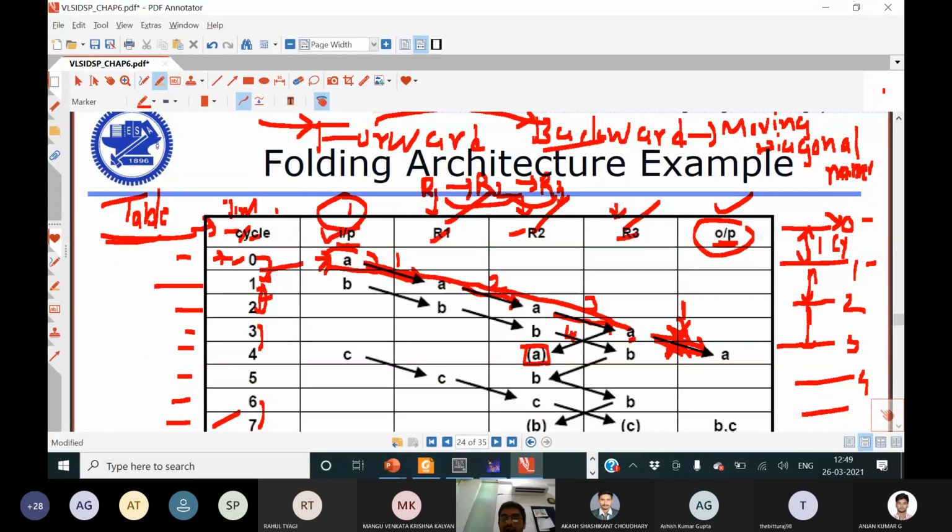You cannot go from R3 to R1 directly. You can go from R3 to R1 directly only when R2 at that particular moment is not free. So over here I am moving forward, A 1, 2, 3. Then still the life of A is there, because the life of A is there till 4 clock cycles.